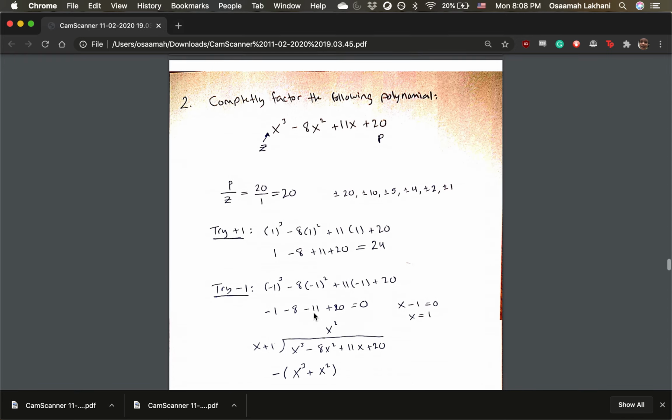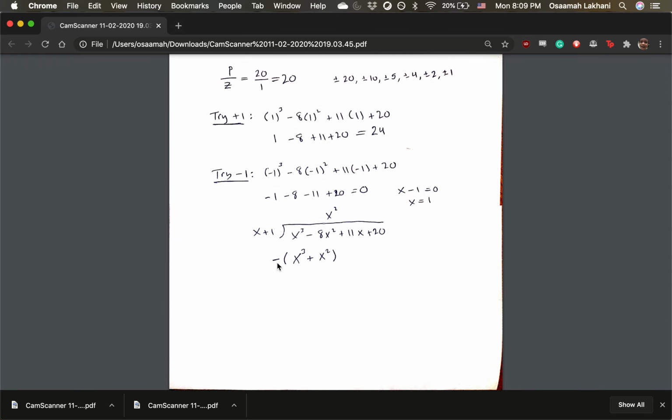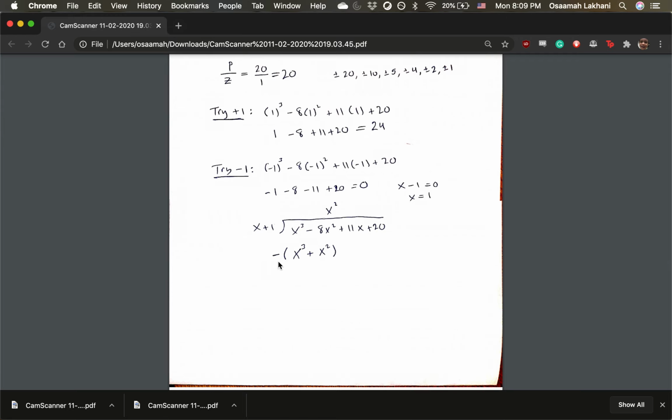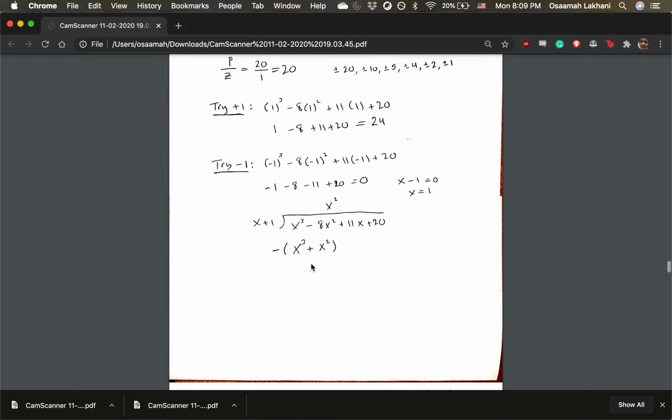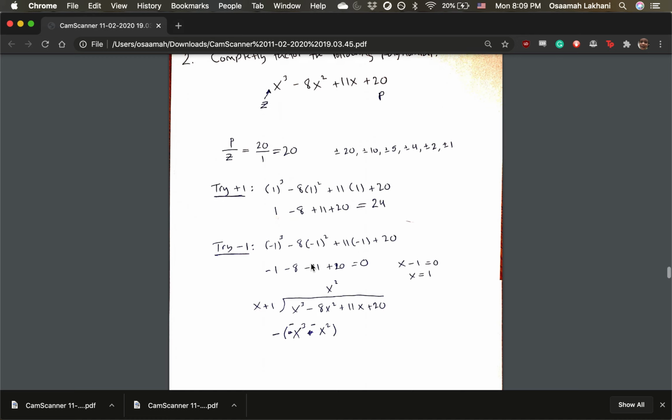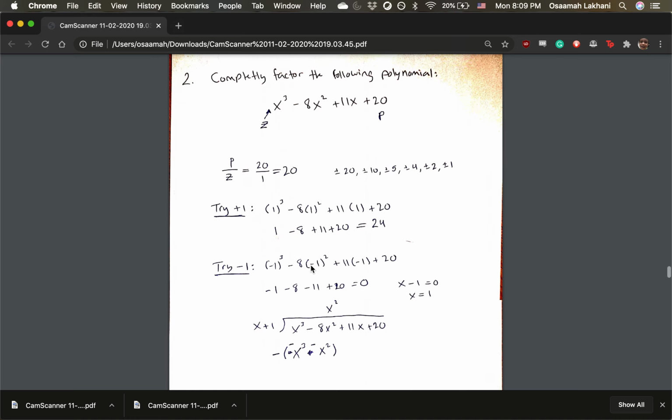What's happening here is that they're being subtracted, so I wrote a subtraction sign on the outside. What I like to do is take this negative and bring it in. You can do it any way you want, but you have to be careful. I like to cross out the sign that was there and then write the new sign on top of it once I've incorporated the negative sign.